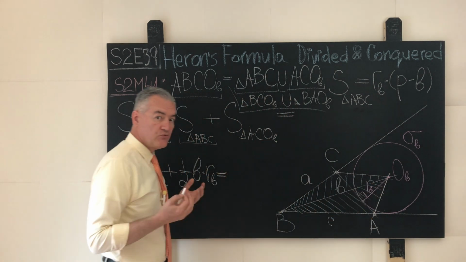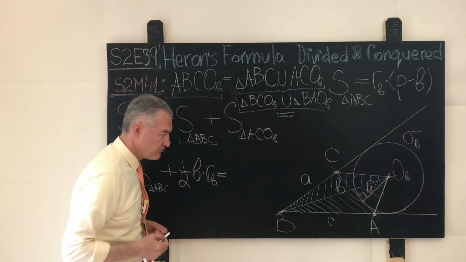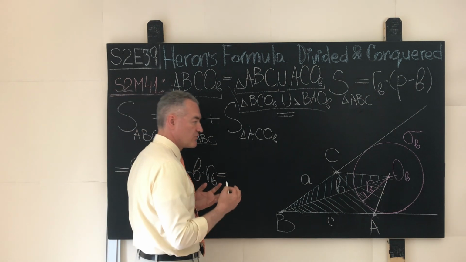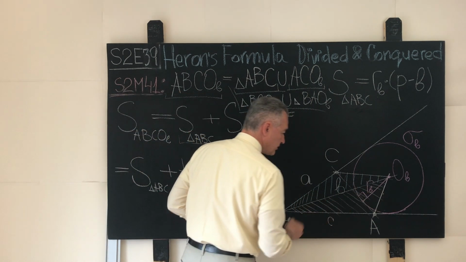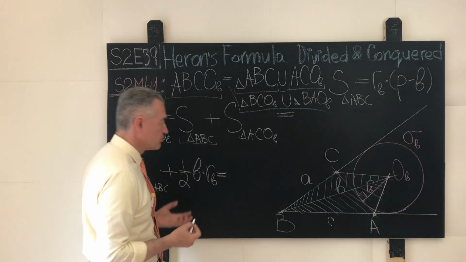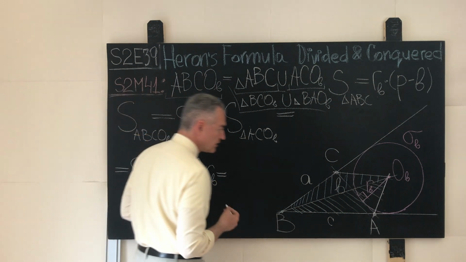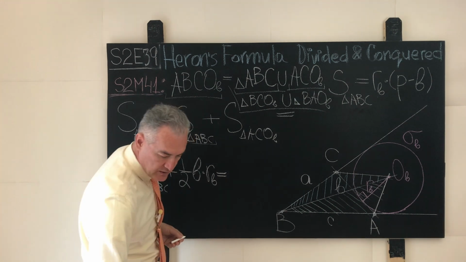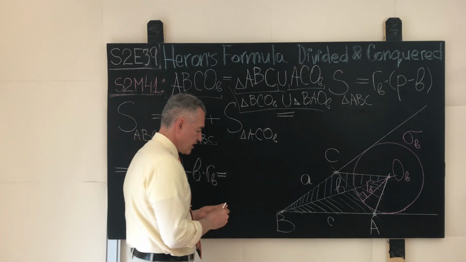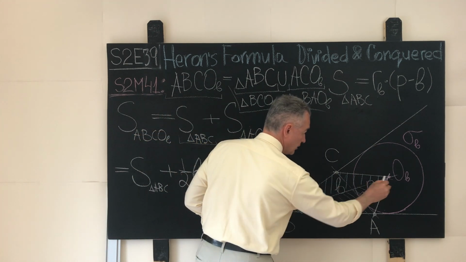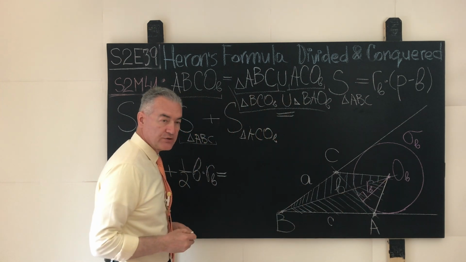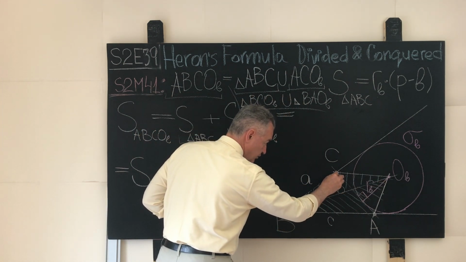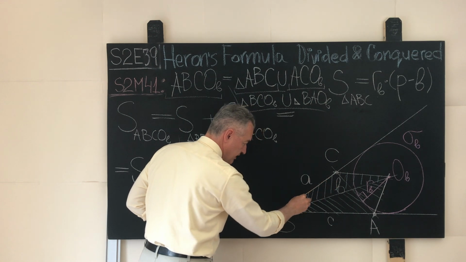The solution of each part amounts to expressing the area of these two triangles in terms of the available material. Now let's think carefully. The base of the triangle BCOB can be played by the side A.